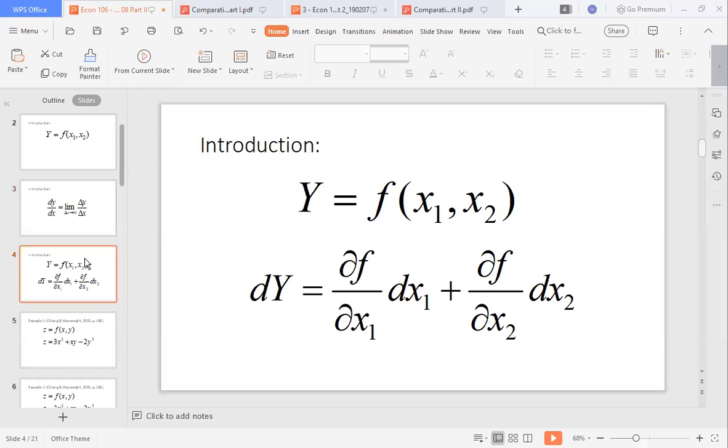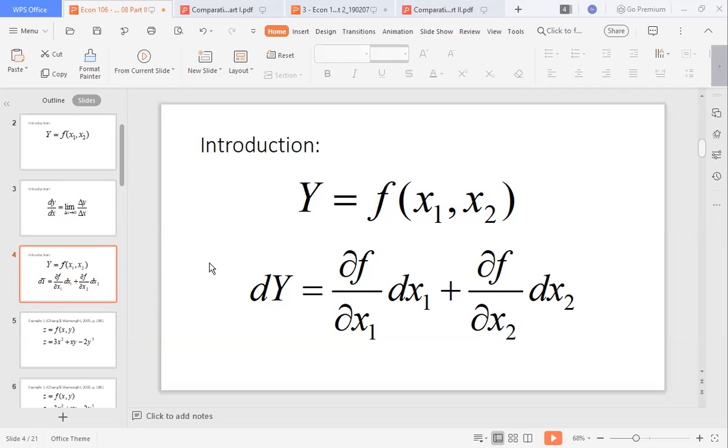So again, when we have this function, y is a function of x sub 1, x sub 2, the total differential of y means you're getting the partial derivative of f with respect to x sub 1 multiplied by the change in x sub 1, plus the partial derivative of f with respect to x sub 2 multiplied by the change in x sub 2.